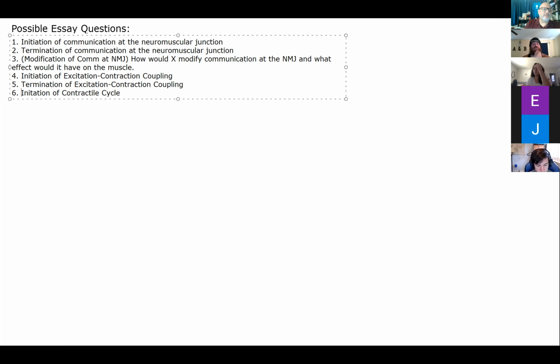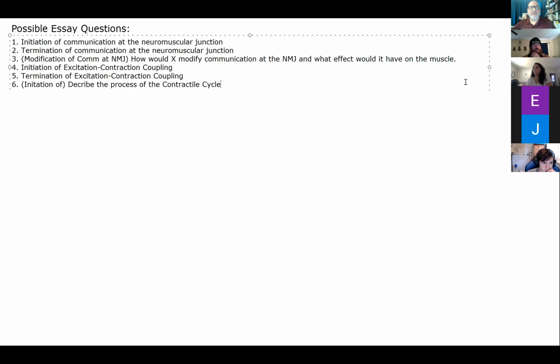And honestly, since it's just initiation we have to worry about, I could just simply ask you to describe the process of the contractile cycle, because we're only really responsible for initiation. So there you go. Those are the 7 possible essay questions that I guarantee you will have 2 of them that you will be responsible for on the exam.